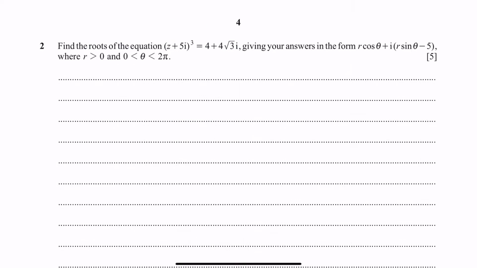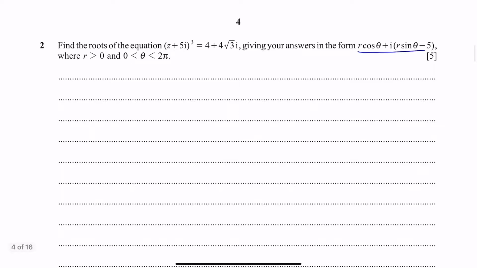And that's it. For the second question, we need to solve this equation given in the form of cos and sine. So we can first start with changing this into the format of r exponential to the power of i theta.